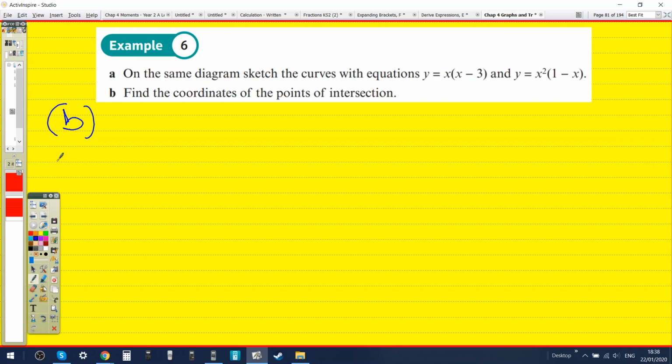How would you then go about it? Where they cross. Where do the lines cross each other? The point of intersection. Yes, but how do you find its coordinates?